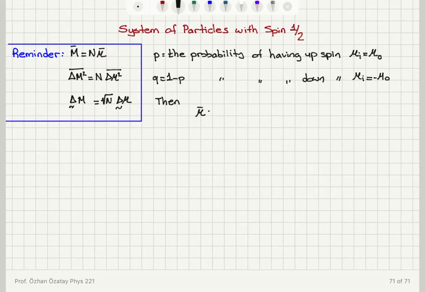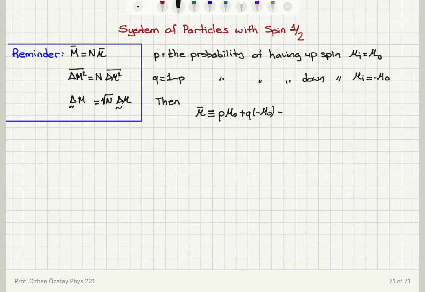Then I would like to calculate the average moment per spin. By definition, it is the different values of moments I can have for one spin, and there are only two candidates, plus mu 0 or minus mu 0. So this is going to be the probability of having an up spin multiplied by its corresponding moment, plus the probability of having a down spin multiplied by its corresponding moment.